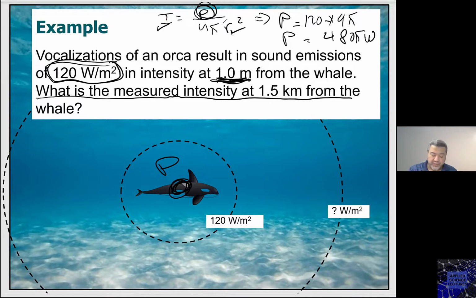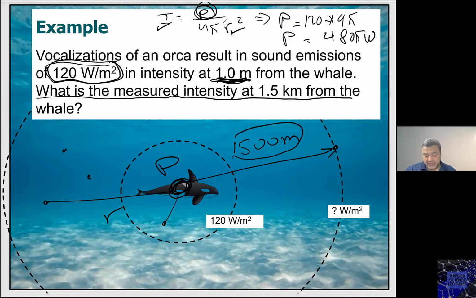However, the intensity at those locations will be changing based on what? Based on this radius. Now I need to calculate the intensity at 1.5 kilometers. So let's assume that this is 1.5 kilometers, which is 1,500 meters. Definitely the intensity at this point will be different than the intensity at 1 meter. So let's calculate now the intensity here. The intensity here will be using the same power, however, the distance now is different.